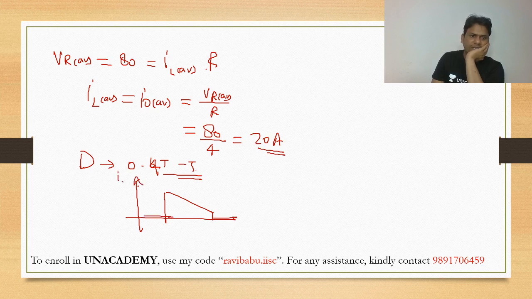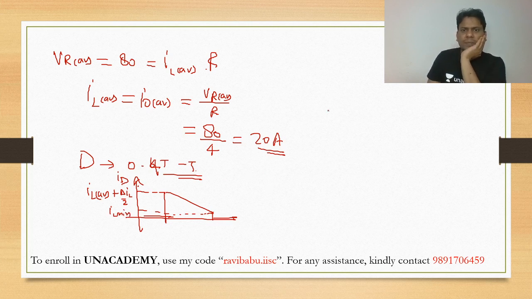Now in this range, the current will flow through the diode in such fashion, and we have to calculate the value of this diode current. And this peak value will be IL average plus del IL by 2, and this value will be IL min, okay. Now the ripple is given, del IL is equal to 4 ampere.